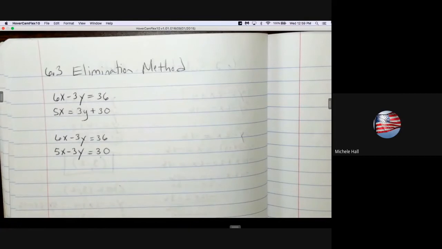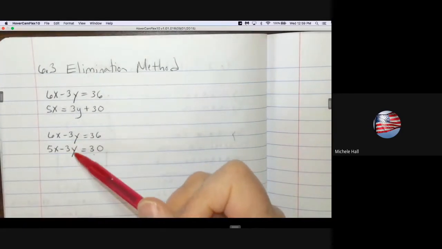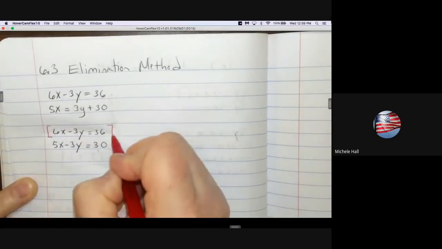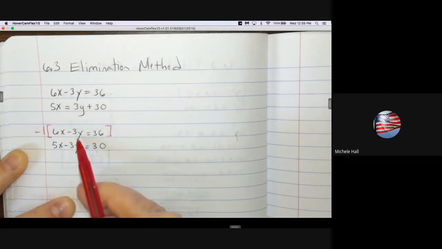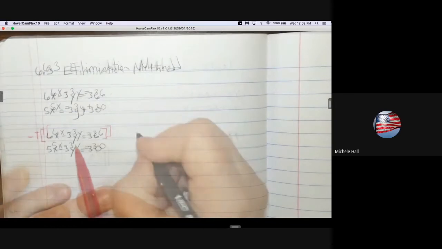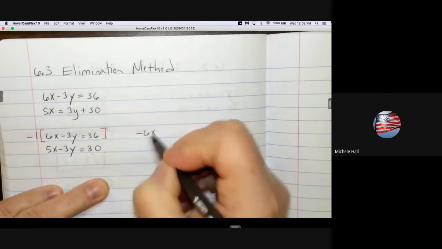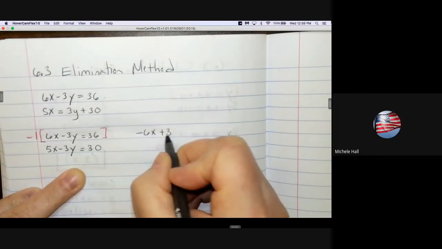What could I do? Should I eliminate the x or the y? I noticed that if I just had a positive 3y, it would cancel with a negative 3y. Why don't we multiply the equation by negative 1? And that'll change the sign of negative 3y to a positive 3y. We have negative 1 times 6x. Negative 1 times negative 3y is a positive 3y.